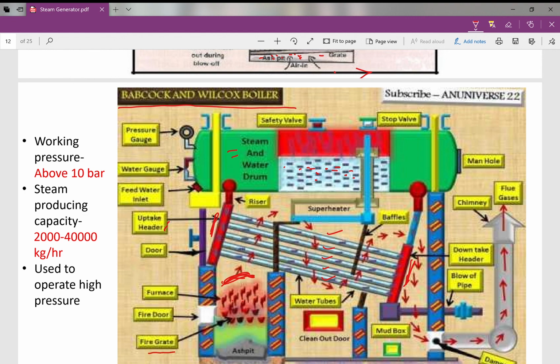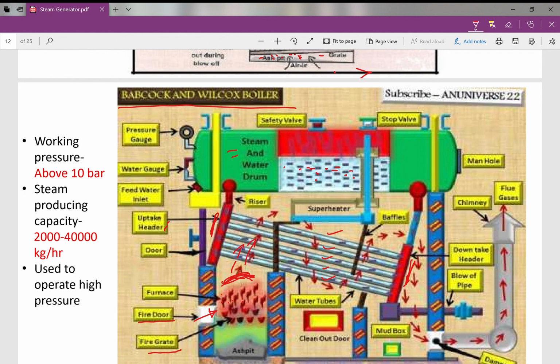Here is written fire grate and then fire door, from which this coal is supplied to this furnace, right? After burning of this coal, hot gases move in this upward direction, being lighter.